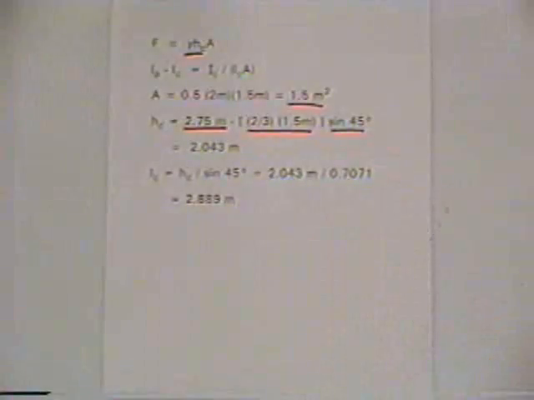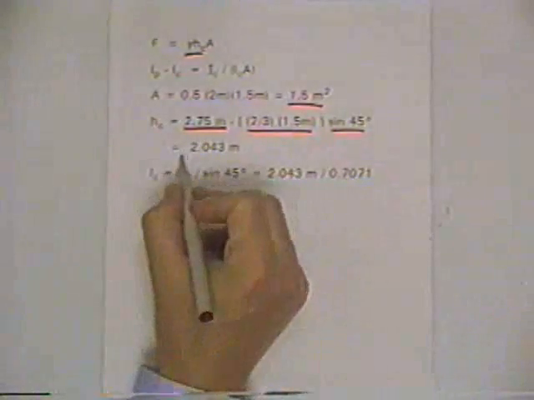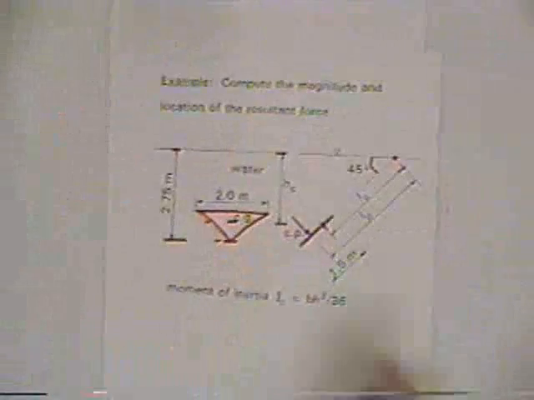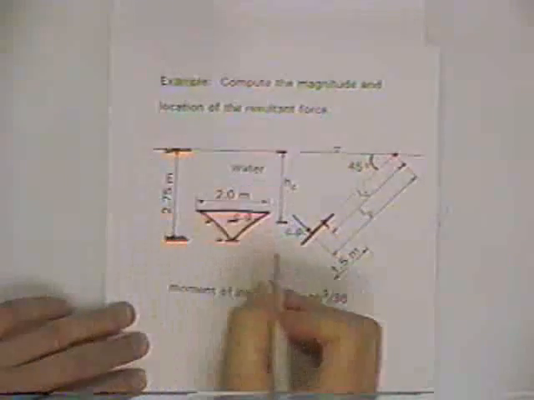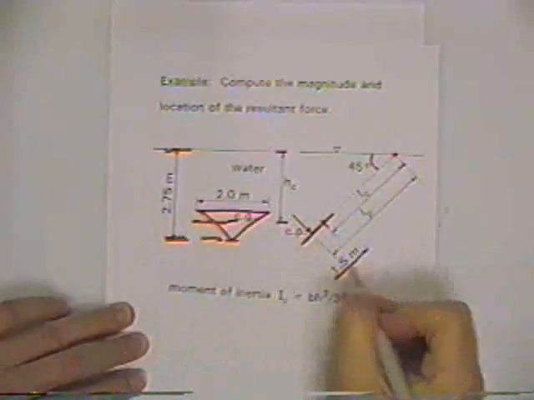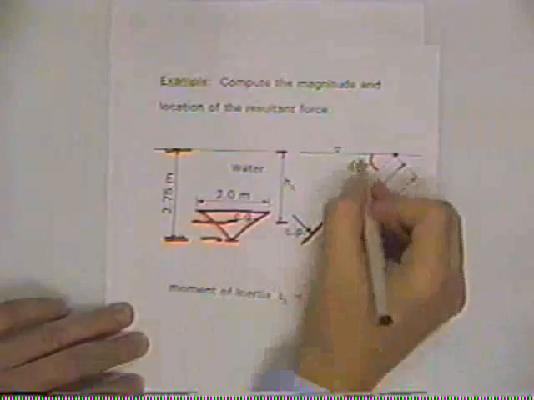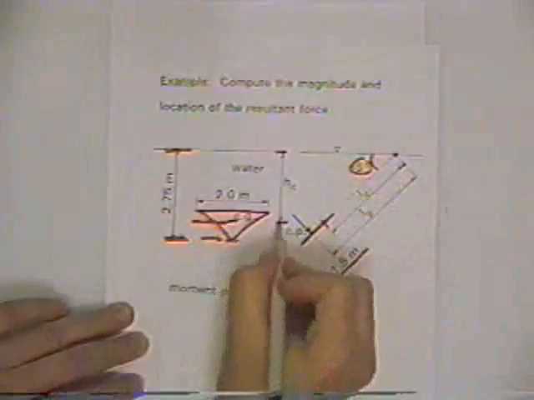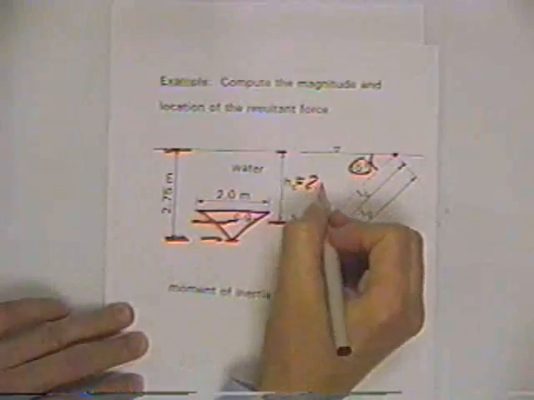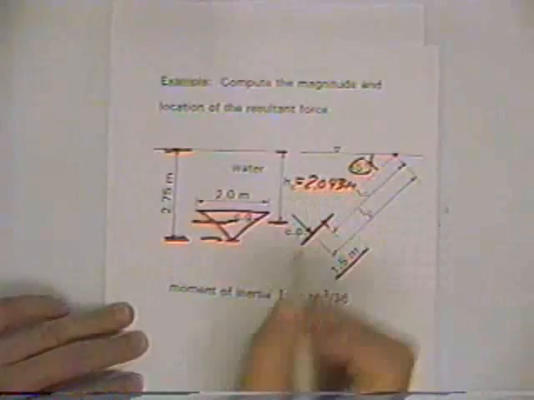We multiply by sine 45 degrees and get 2.03 meters. So what we just did, we got this distance as just being 1.5 times the sine of 45 degrees, subtracted that off, and it gave us h sub c of 2.043 meters.